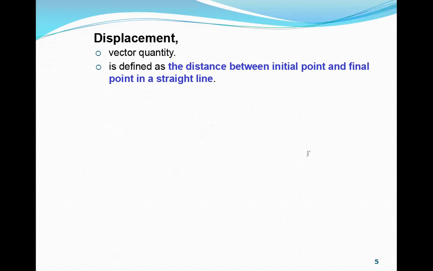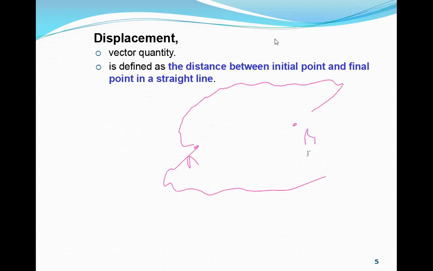Sometimes the teacher says that displacement is the shortest distance between 2 points. For example, from A to B. If I have one way like this, the second way like this, and the final one in a straight line is this.